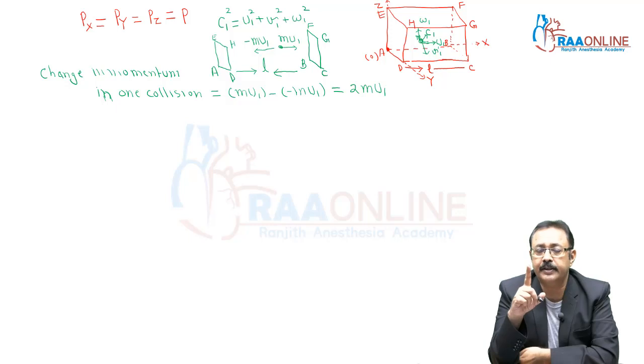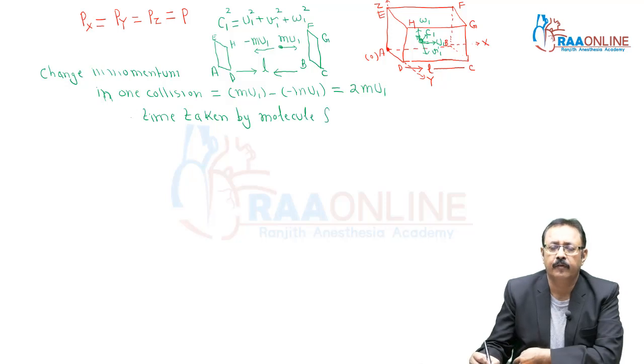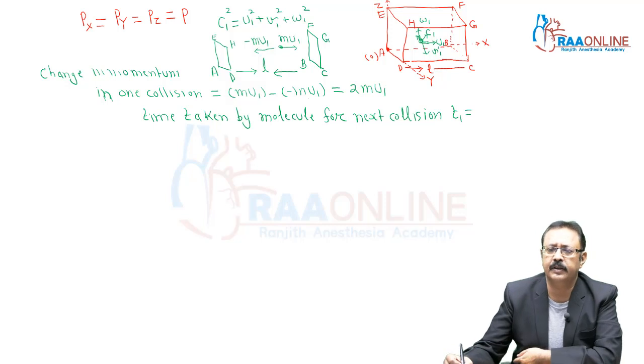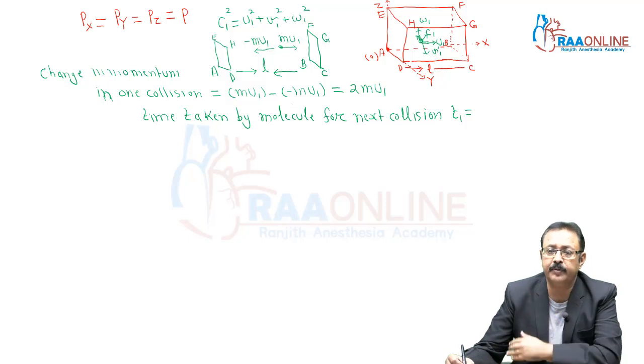Since its velocity is u1, the time taken by a molecule for the next collision, I am taking T1, is distance upon velocity.